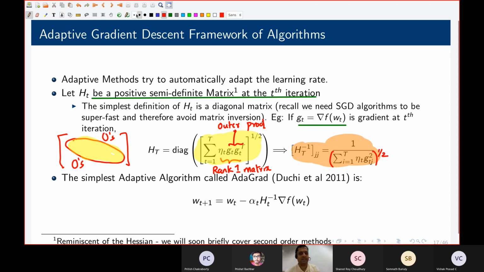And this alpha t is also the base learning rate. It's not the only learning rate. I mean, this is just a base.